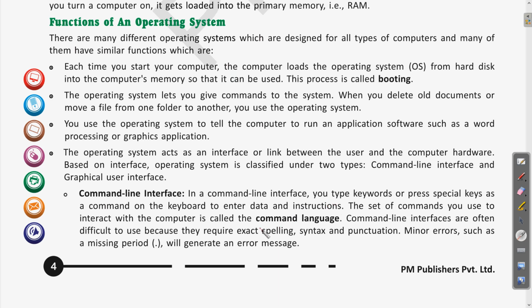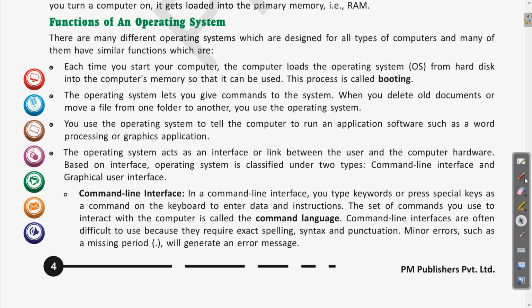The only option is to give the exact keywords or whatever the command. You may have seen DOS, which was there earlier when Windows was being developed. Before that there was the DOS operating system. Earlier, computers were controlled only by giving commands.